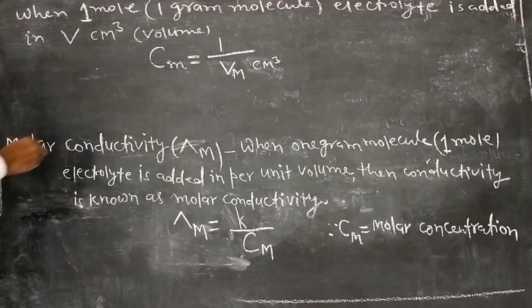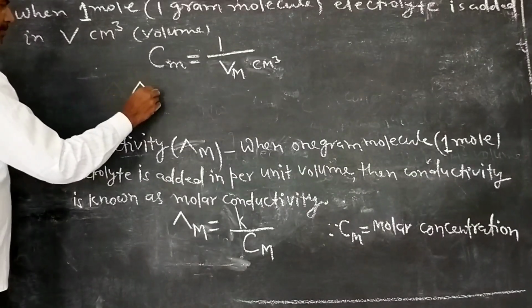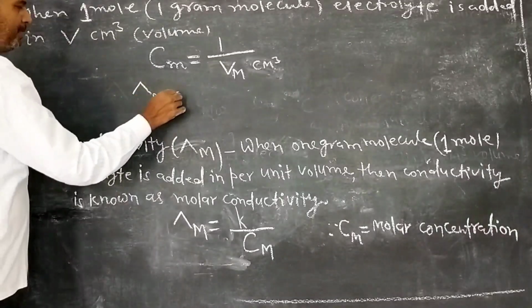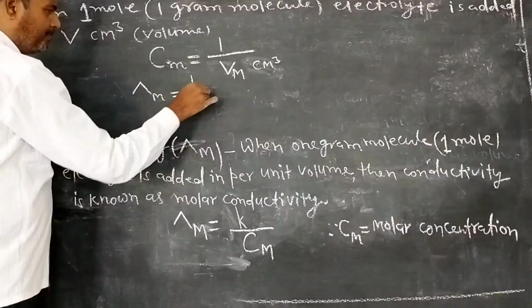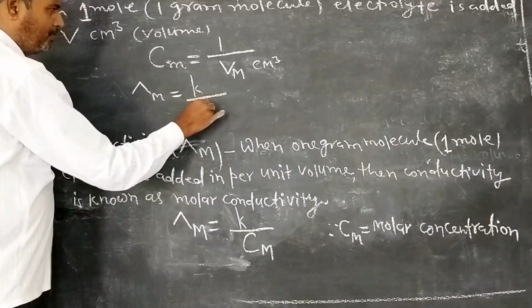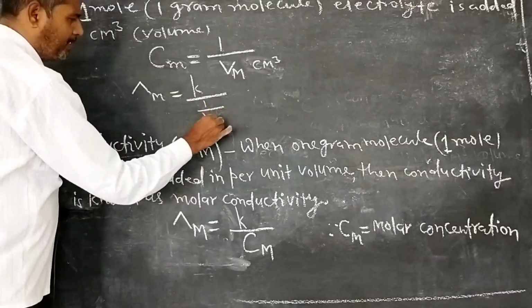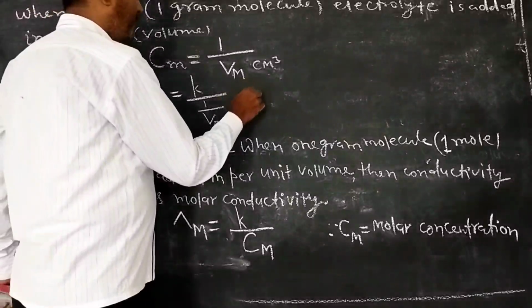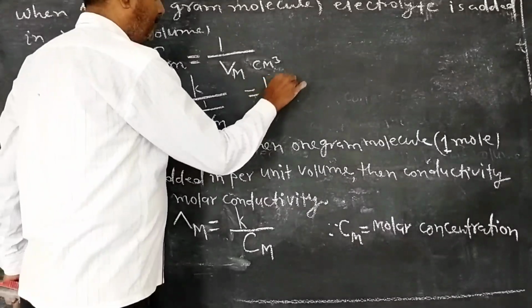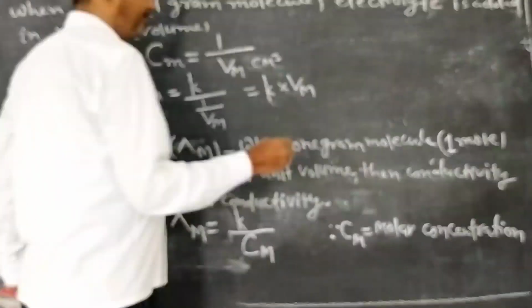Thus, on the basis of this, lambda m may be written as kappa upon 1 upon V, or kappa into Vm.